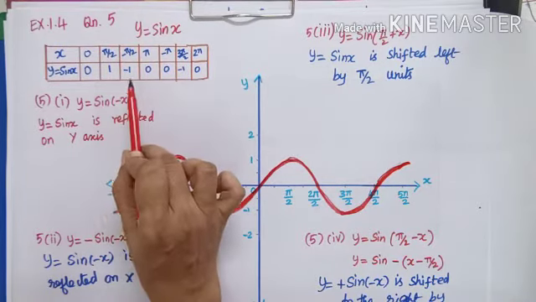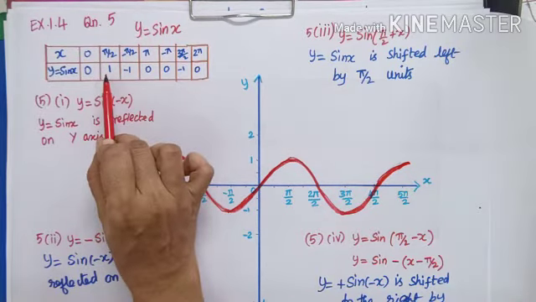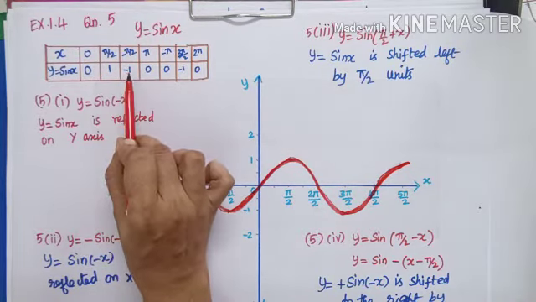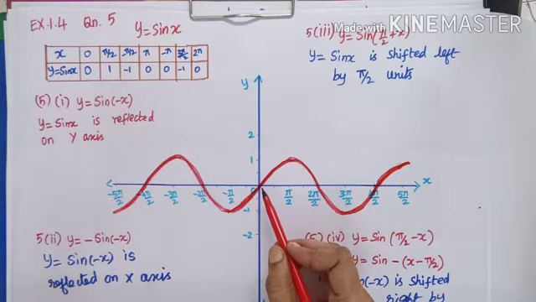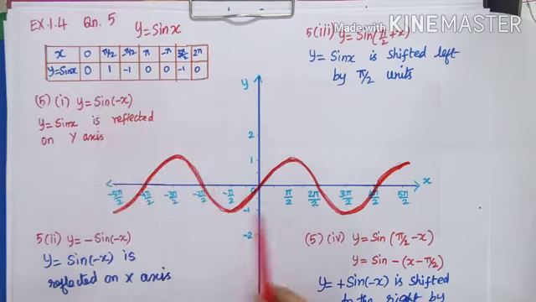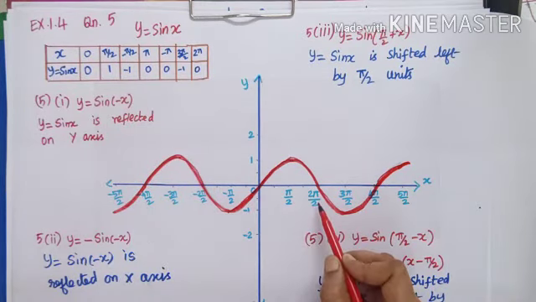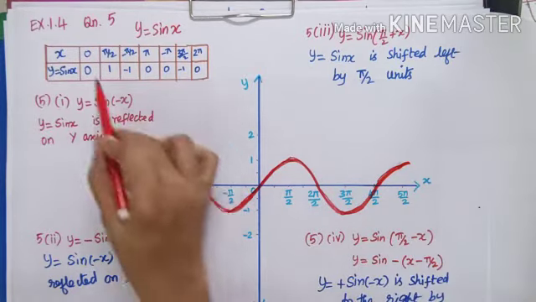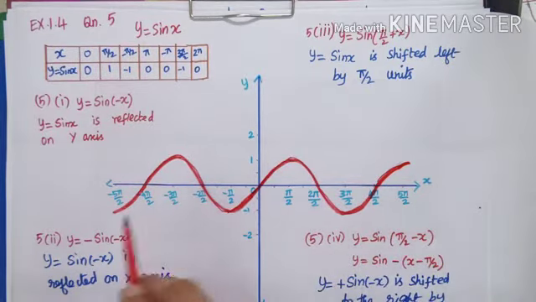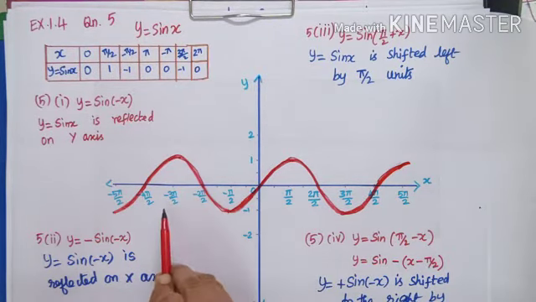The value will be plus 1 and minus 1. Plus pi by 2 plus 1, minus pi by 2 minus 1. Plus 3 pi by 2, the value is minus 1. See how we plot it. 0, 0, pi by 2, 2 pi by 2, 3 pi by 2. Like that we have taken the scale for easy plotting. The left side, minus pi by 2, minus 2 pi by 2, minus 3 pi by 2 and so on.